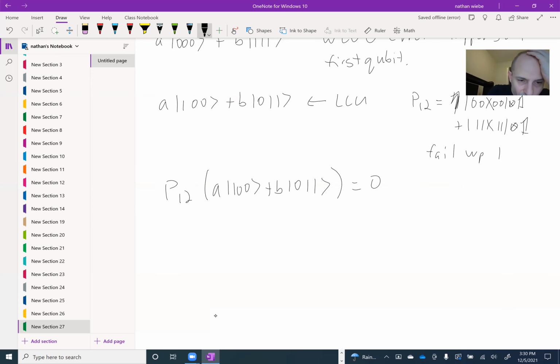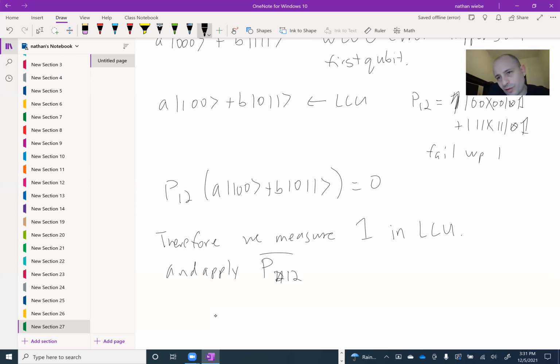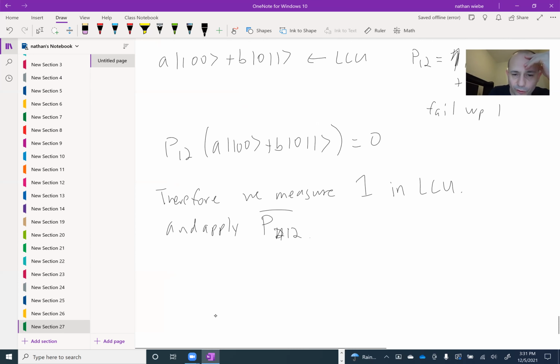Therefore, we measure 1 in the LCU, which heralds a failure. P12 bar applied to it in this case doesn't really do anything to the vector, because the vector was already in the support of that projector. Okay, cool. So now we've projected away the first two.